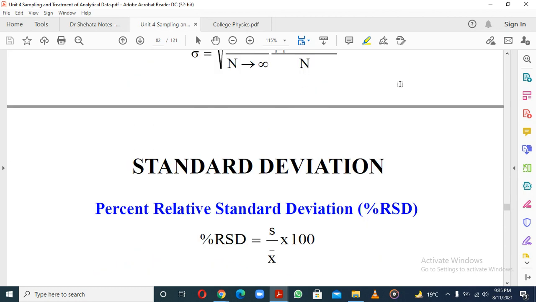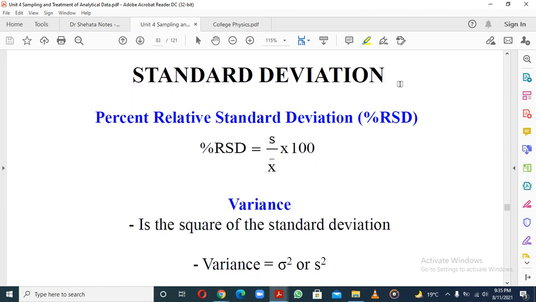Then we now have percentage relative standard deviation. Like I said, every time you see relative, you are dividing something by something. Relative standard deviation is simply the sample standard deviation, the one that we started with, where you get a value, subtract the mean, square, and divide by n minus 1, the number of measurements minus 1, which is the degrees of freedom.